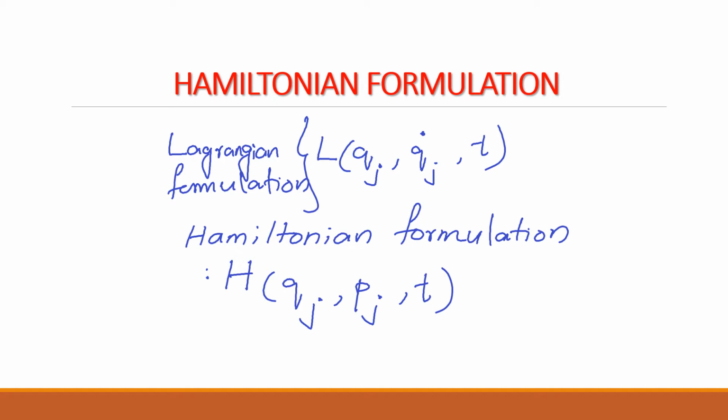So in the case of the Lagrangian, we define the function as a function of qj, qj dot, and t, while the Hamiltonian is defined as a function of qj, pj, and t, where pj is the generalized momentum.